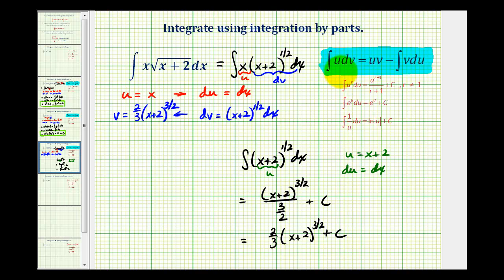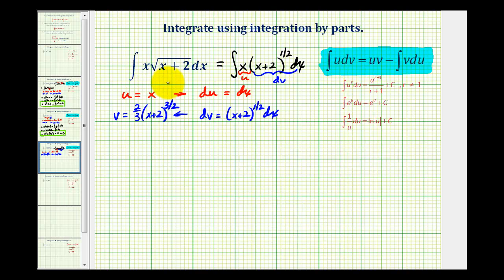And now we can apply the integration by parts formula. The original integral is equal to u times v. Well, here's u and here's v, so we'll have 2/3 x times the quantity x plus 2 to the 3/2 minus the integral of v du. Well, here's v and here's du, so we'll have 2/3 times the integral of the quantity x plus 2 to the 3/2 dx.